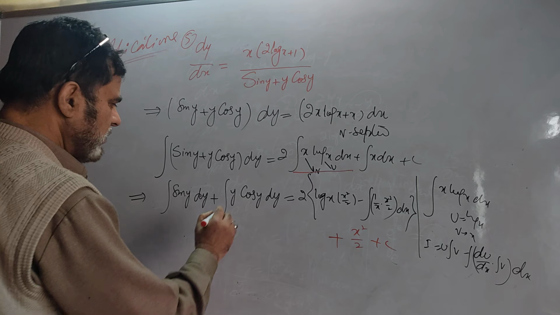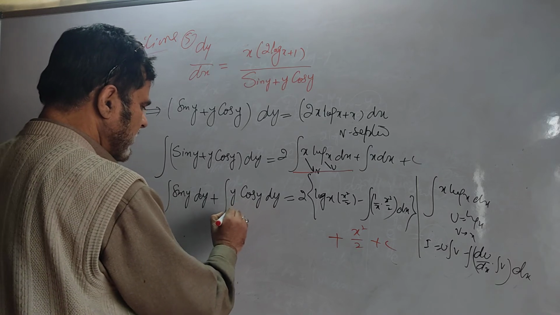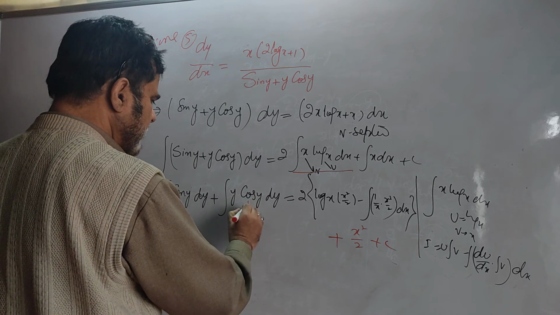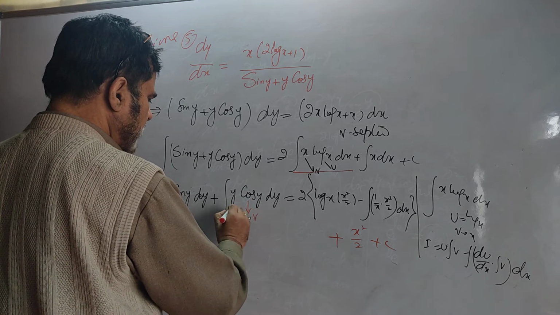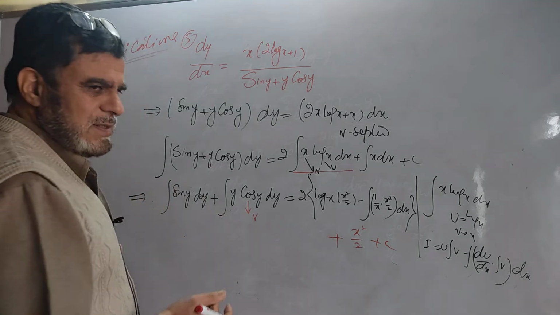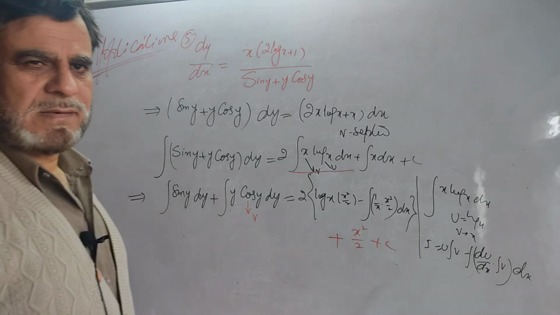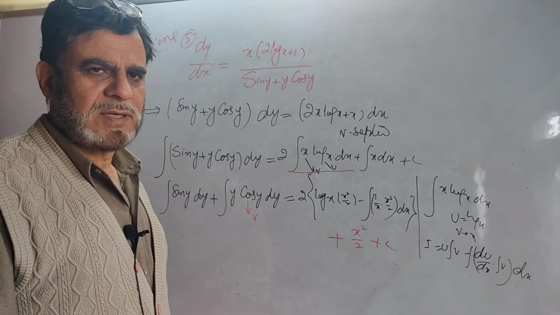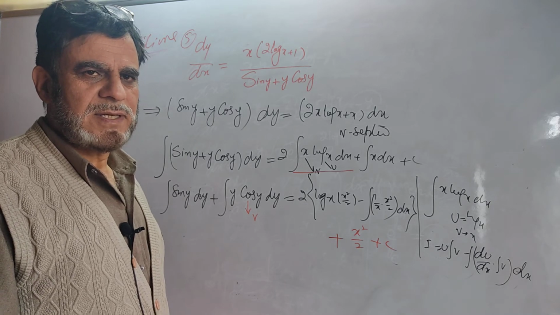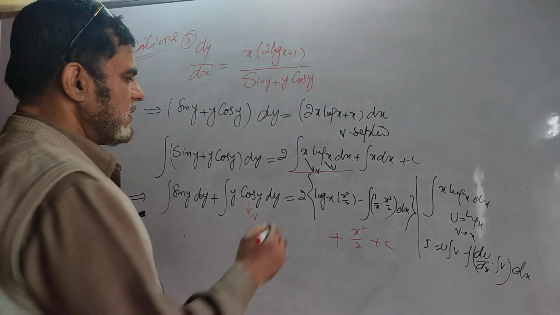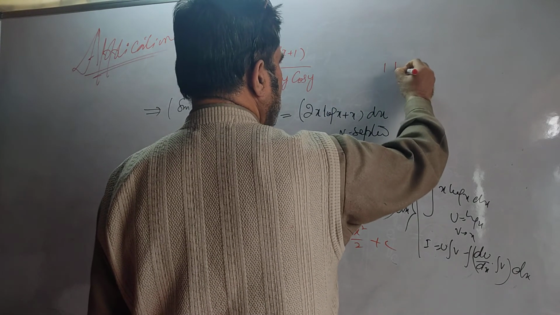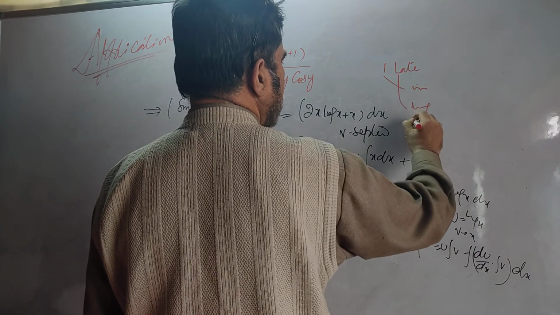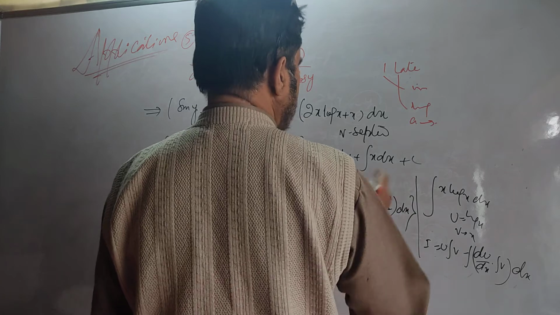Okay, here also I will go this way. I will treat this as u and this as v. Or you may write ILATE. How do you do there? I is inverse, L is logarithm, A is algebraic, T is trigonometric. You take the inverse function first, then log function, then algebraic, then trigonometric.